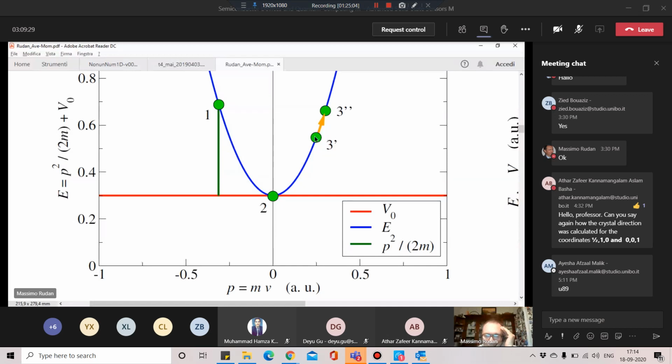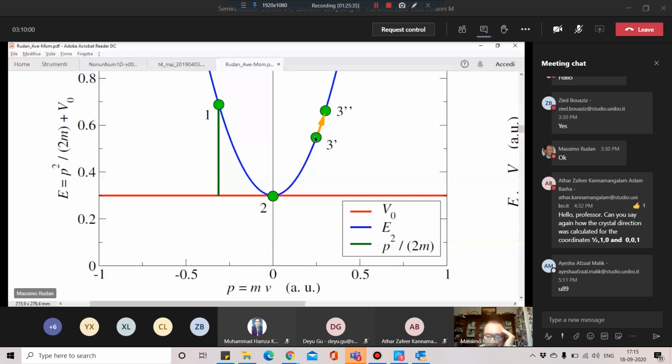So what happens in this diagram? Well, if you kick the particle in a way that increases the velocity, so it makes the velocity more positive, you expect that P will go to the right. So the particle will be represented after the perturbation instead of point 3 prime by point 3 with 2 primes. Okay.